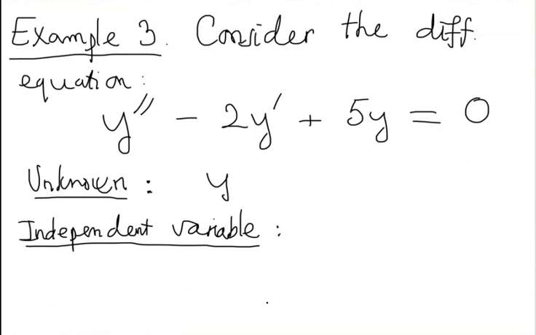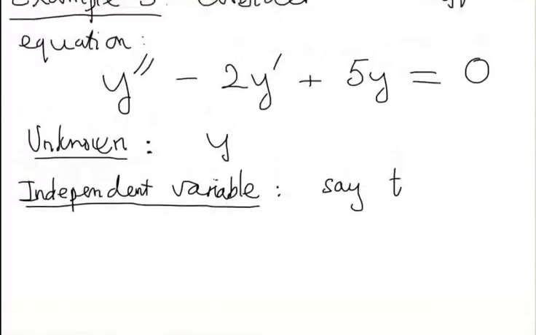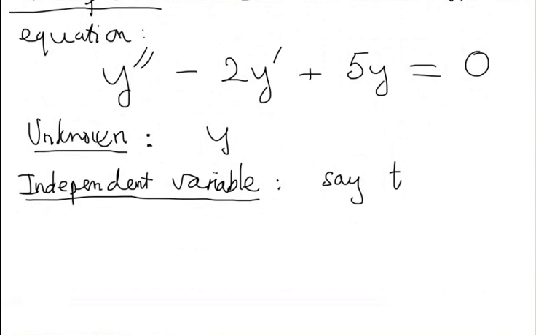So actually, we should assume, say in this example, the independent variable is t. It could be x as well, if we want to use x as the independent variable in this case.